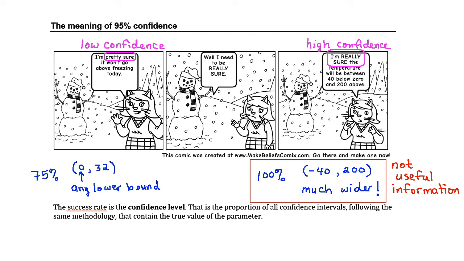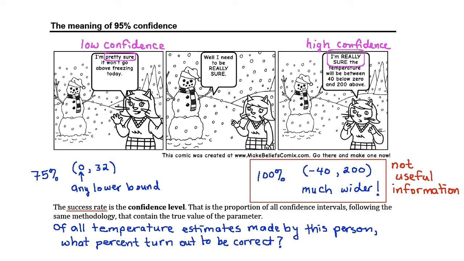If we have 100% confidence, that means that 100% of the time she would be right. And we can see how easy it is to get 100% confidence with this very, very wide interval where it's almost impossible. Certainly here in Austin, it is impossible for that to come out to be wrong.